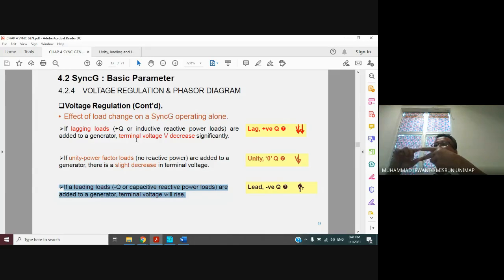Which one is dominant? If XC is higher than XL, the total value is more capacitive, and the power factor is more leading. If XL is higher than XC, the total reactance is more inductive, meaning the power factor is more lagging. This is the condition for the type of the load.